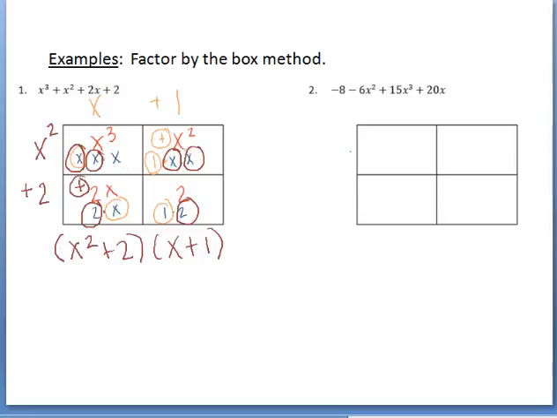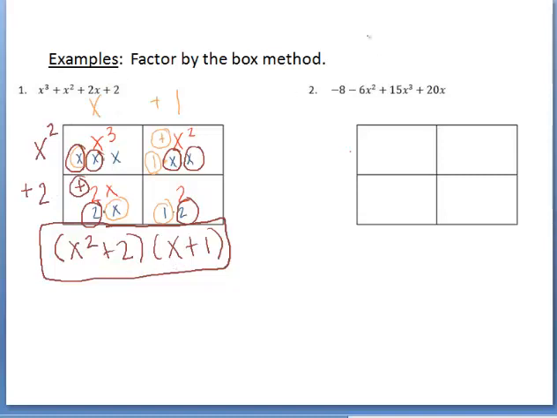Well, when we're factoring, we're going to start by putting it on the inside, and we're going to divide out. So that is how we're using the box method to factor. And if you remember, multiplication is commutative, so it doesn't matter which one of these binomials you put first.